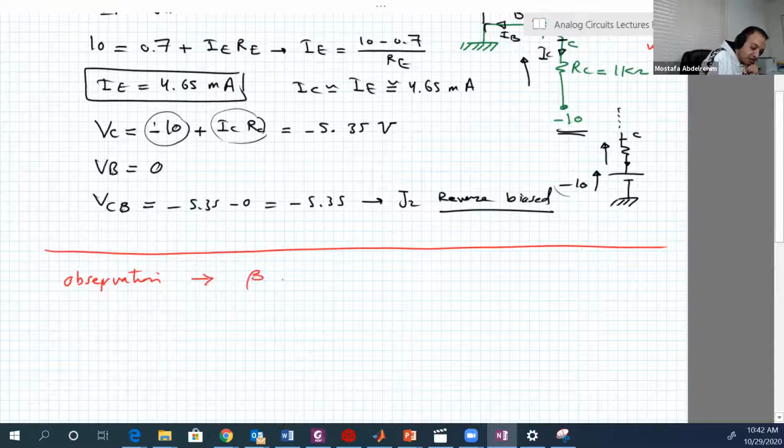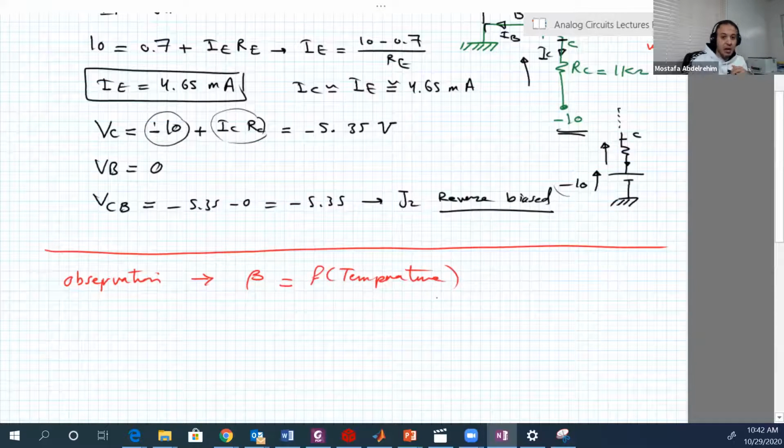Beta is a strong function of temperature. When you design a circuit and you assume that beta is 100, then you turn on the circuit, it starts to conduct, and there are currents. So usually electronic components heat up, and when an electronic component heats up, the temperature changes. So beta will change as well.